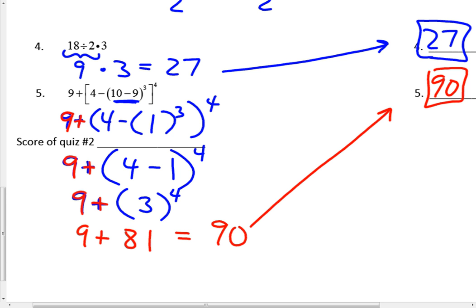For each of these tests, there were 5 problems, so they were 20 percentage points apiece. If you showed me enough so that I could figure out what you did wrong, you got half credit. Didn't matter how badly you botched the problem.